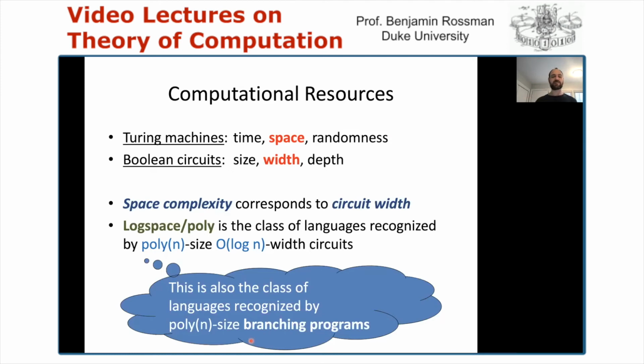Just to mention, many of the classes we study in circuit complexity turn out to have many different equivalent characterizations. In the case of log space / poly, this is also the class of languages recognized by polynomial size branching programs. So I'm not going to define branching programs, but if you've seen decision trees before, then branching programs are like a circuit version of decision trees.